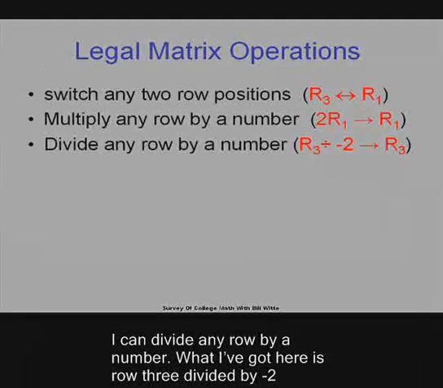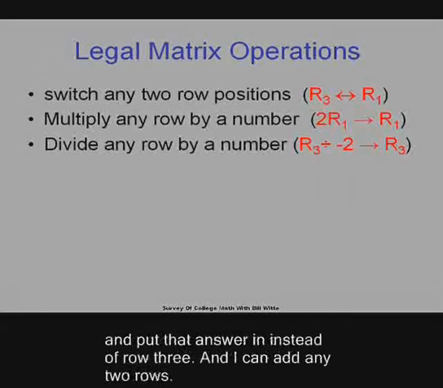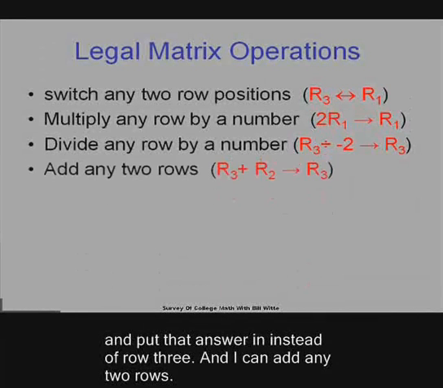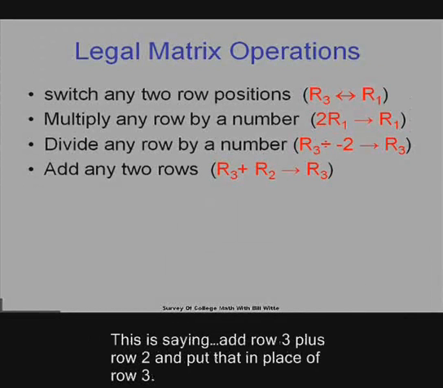I can divide any row by a number. And what I've got here is row 3, divide it by 2, and put that answer instead of row 3. I can add any two rows. This is saying row 3 plus row 2, put that in place of row 3. Okay?